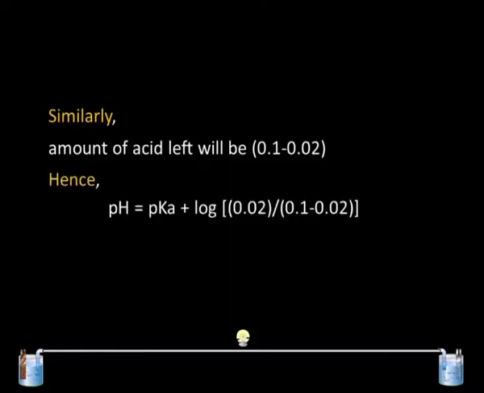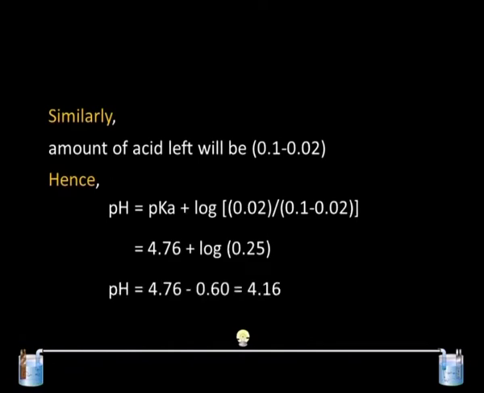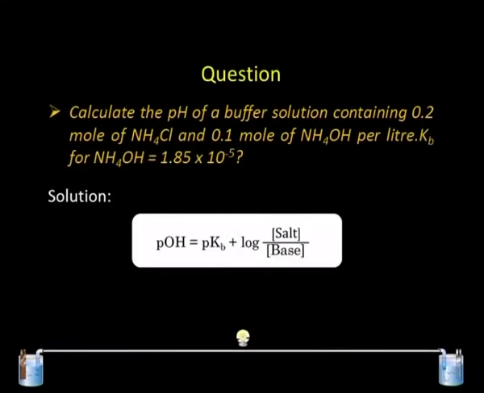Hence, the pH of the solution will be equal to pKa plus log 0.02 divided by 0.1 minus 0.02, which will be equal to pKa, already given as 4.76, plus log 0.25, and pH will be now 4.76 minus 0.60 is equal to 4.16.